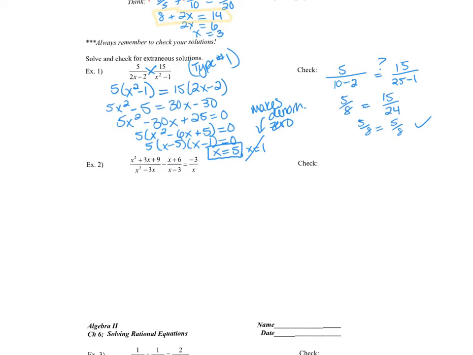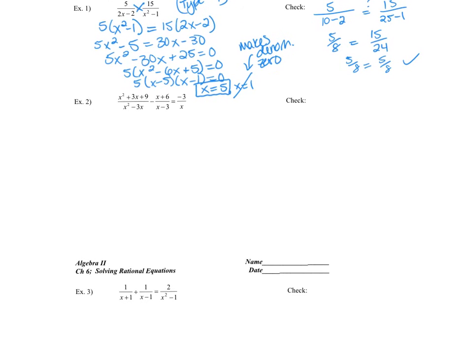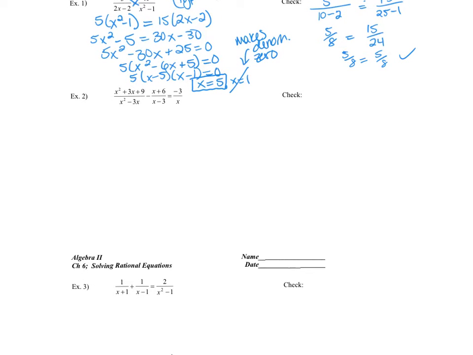Okay, now let's look at the second one. Again, we need to identify which type it is first. I have a difference of two rational expressions set equal to another. So this is going to be type number 2. I'm going to have to find an LCD for this. To do that, remember, we're going to factor the denominators first.